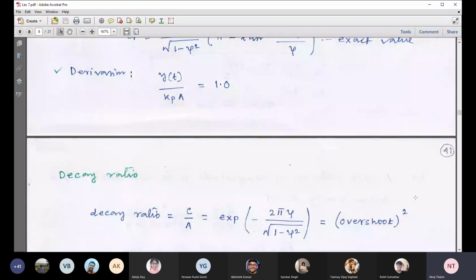So decay ratio is basically the ratio of C to A, that is C by A.